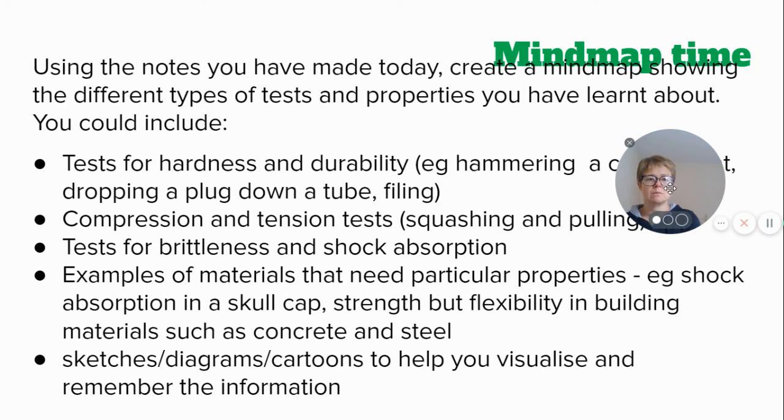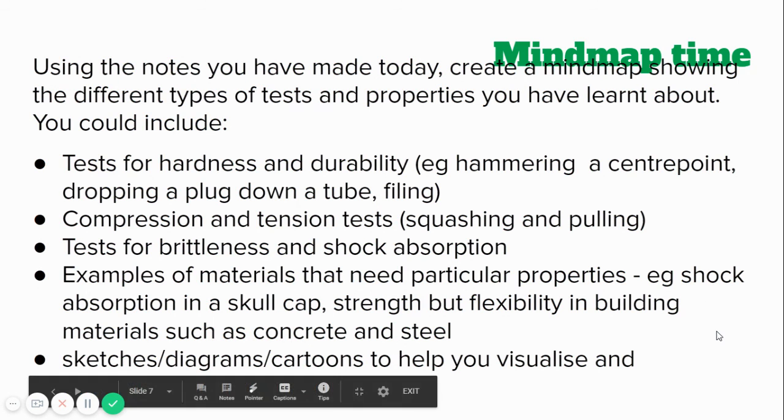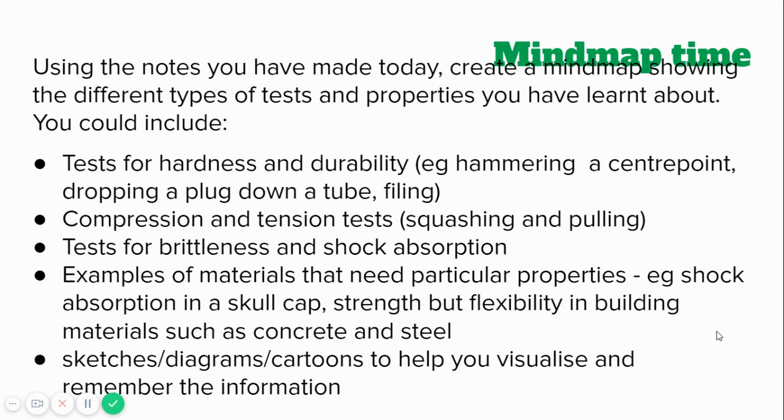But what I want is something that you can look back on, use as a revision resource to remind you of the different tests that are carried out, what properties they're looking for when they carry out those tests, and also the types of materials and functions of materials they would use those tests for. Okay, so you've got the rest of the lesson to complete that. The video can be paused so that that is on the screen for you.